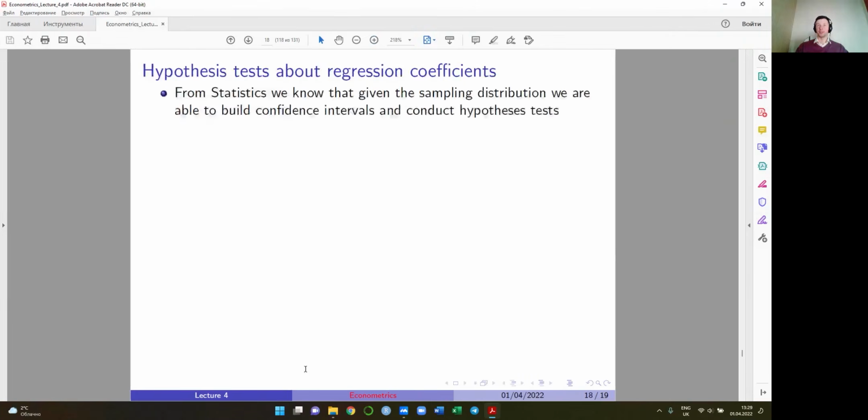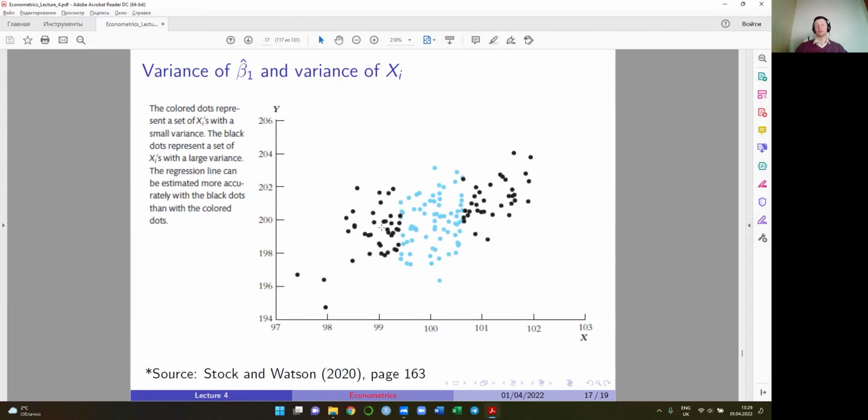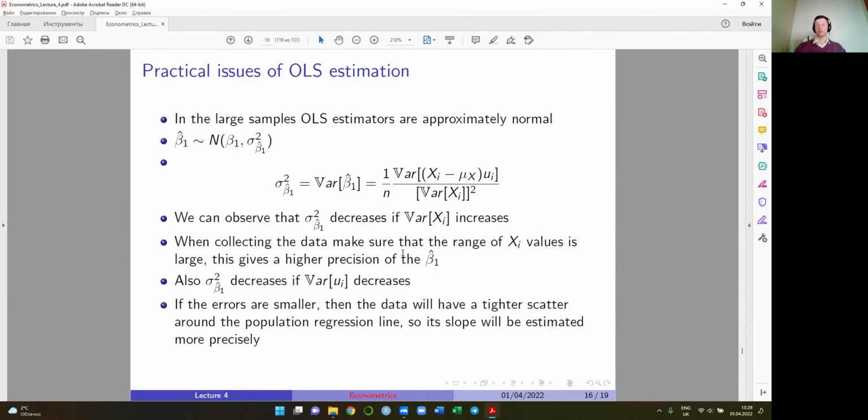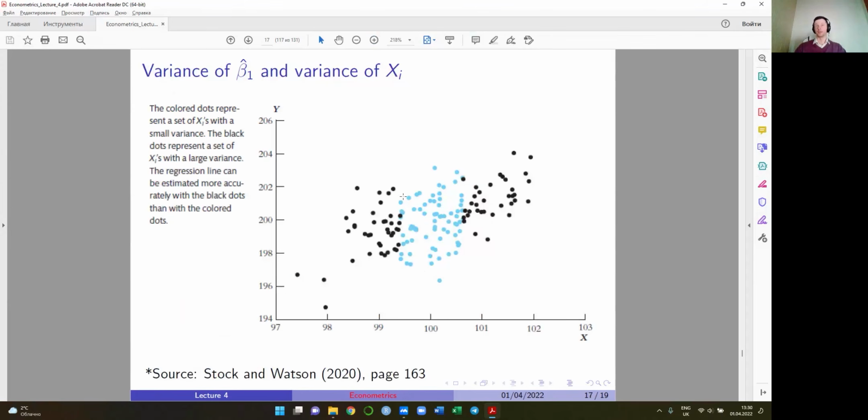Now, going back to this discussion about the variance of x and the variance of beta 1 hat. If we have, for example, only these blue points and try to estimate beta 1 hat, it will give us a poor precision because the range of x values is small.